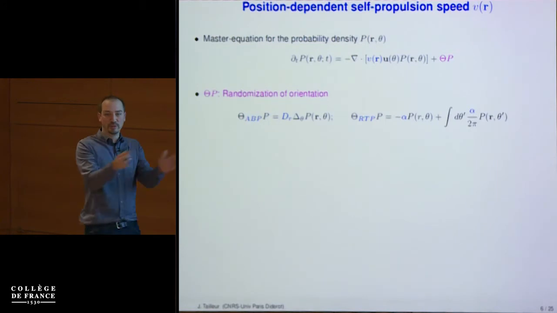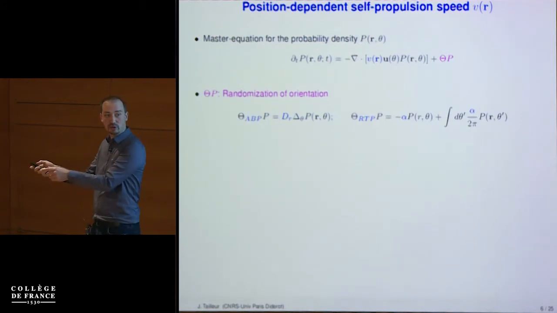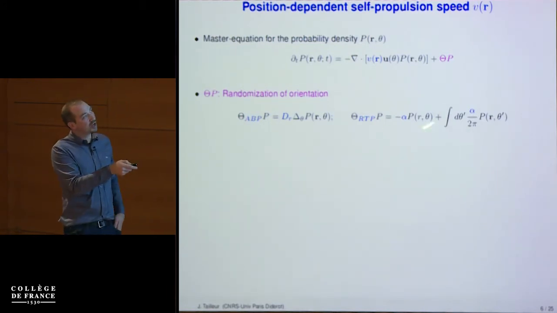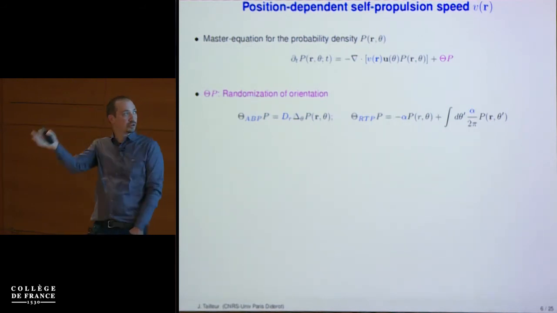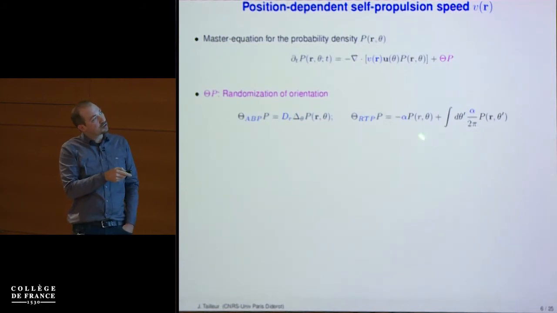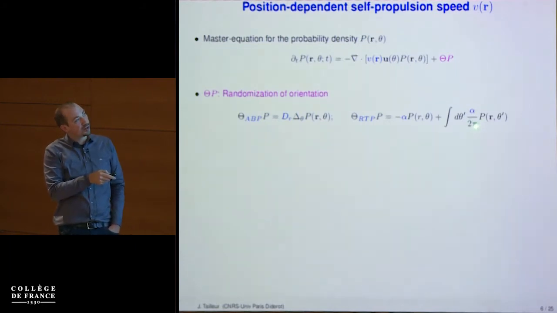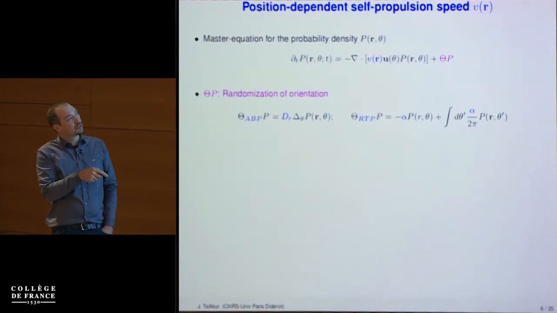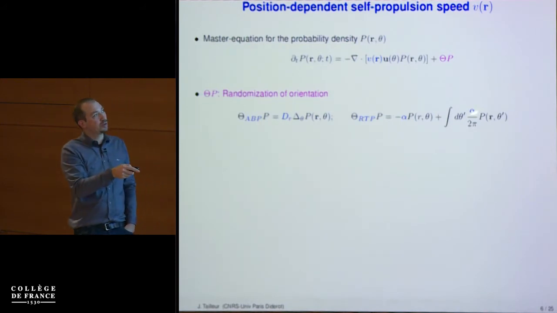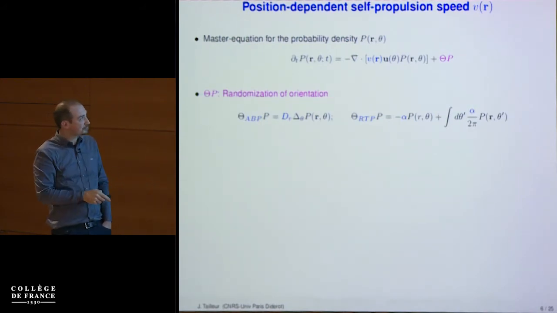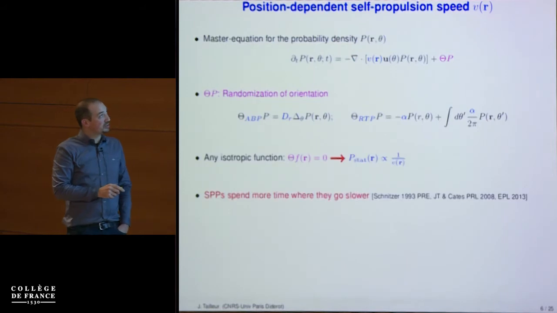If you had a run-and-tumble particle that changes direction at rate alpha, you'd have a loss term that would be minus alpha p. That's the rate at which you go out of direction theta. And then you have a gain term, which is alpha over 2 pi, integrated over theta prime, p of r, theta prime, and that corresponds to the flux from particles that are at the right position r, in the wrong direction theta prime, and hop into the correct direction at a rate alpha d theta prime over 2 pi.